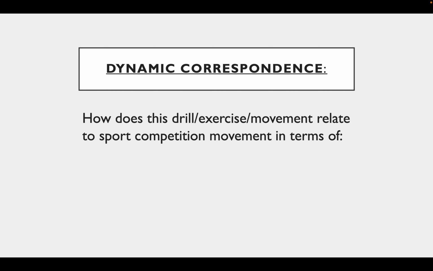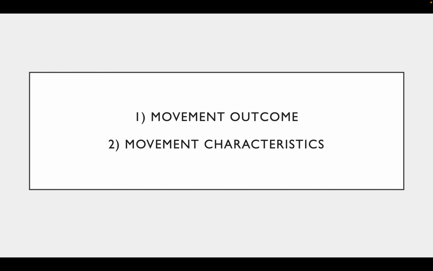So when I look at a speed drill through this lens of dynamic correspondence, how does this drill, exercise, or movement relate to the sport competition movement in terms of these variables? Number one, movement outcome. Does it look and smell and taste and feel like sprinting? This is an easy one, really.